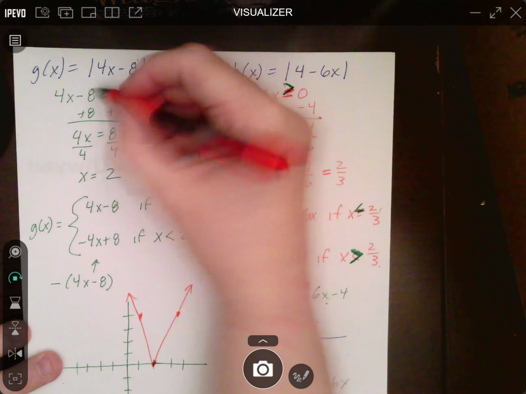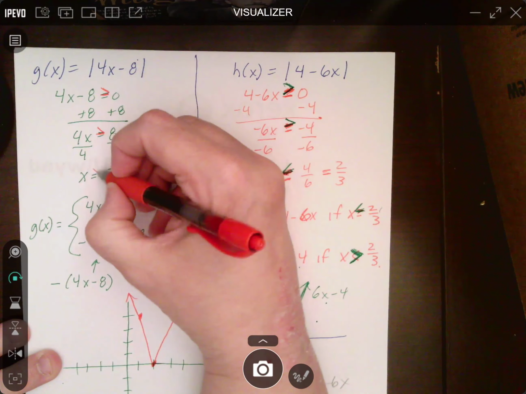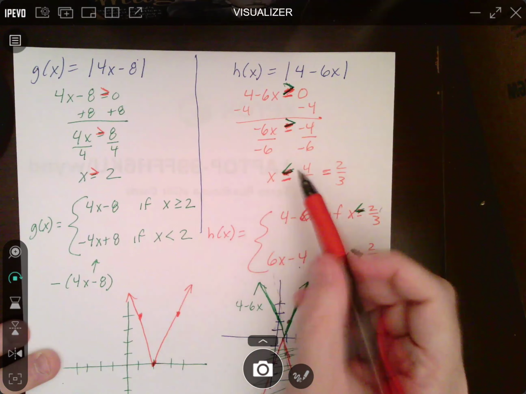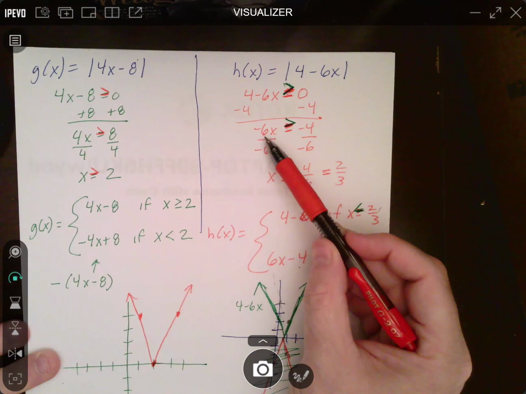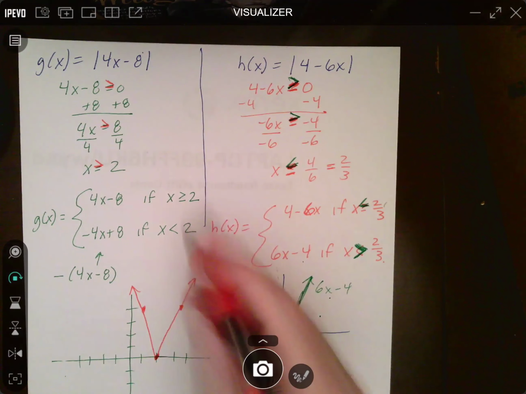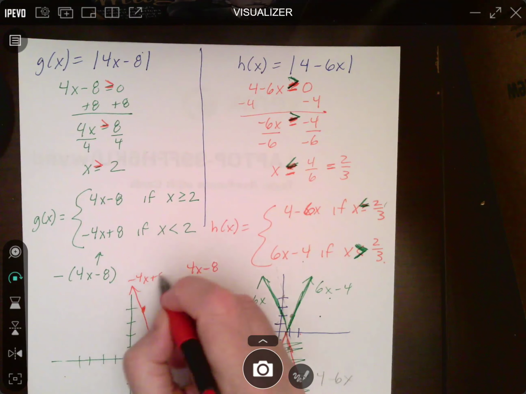If we had done the inequality here like I was supposed to, nothing would have changed. We still would have had x greater than or equal to 2. The only reason it changed is because we had a negative sign here. Okay? So this is the 4x minus 8 part, and this is the negative 4x plus 8 part.